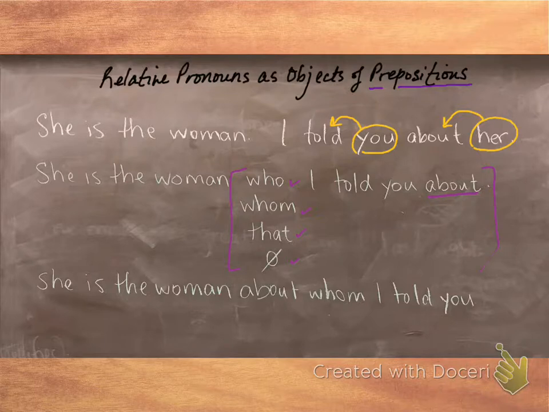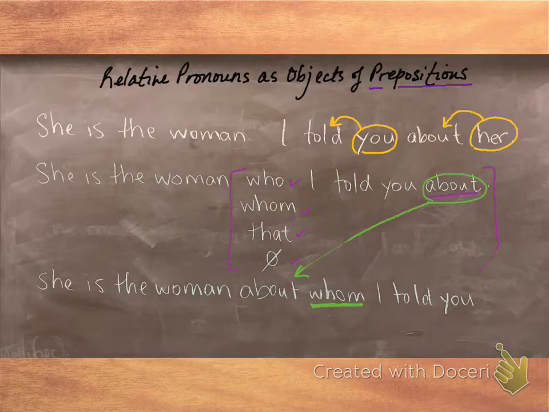One of the strange things in English is that we don't often, in academic writing especially, we don't like to end a sentence with a preposition. So having this word about at the end of the sentence is not a favorite in academic writing. So the way that we fix that is we move the preposition to right here, but then we only have this choice of whom.